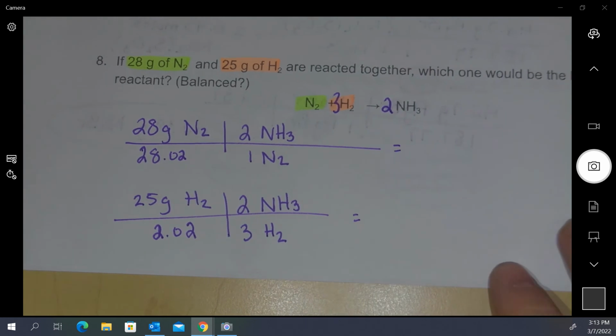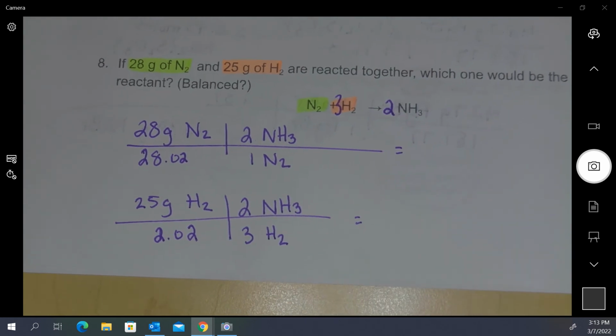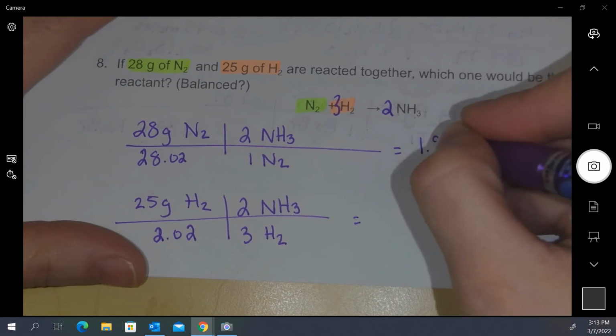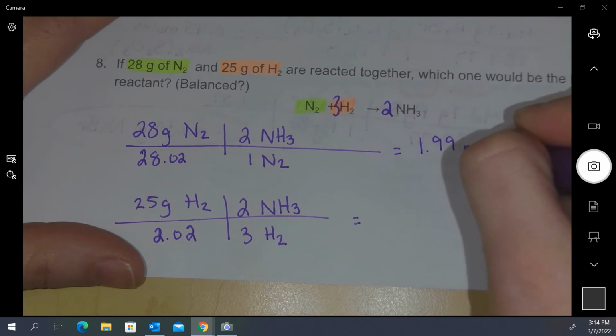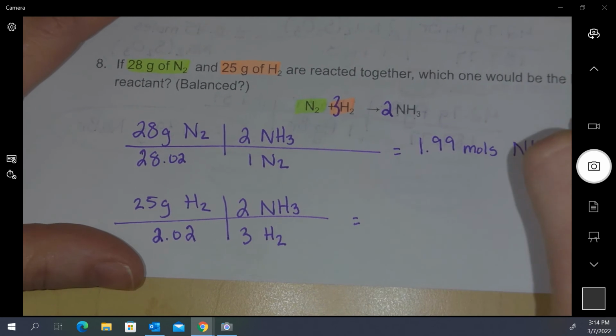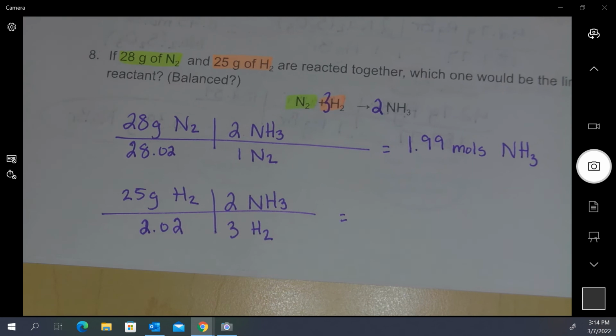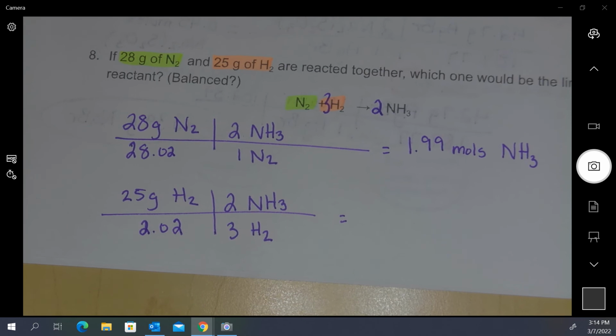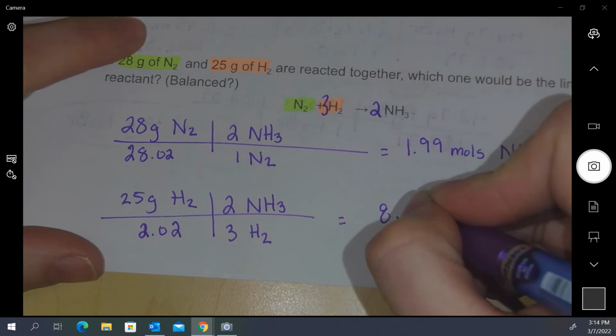All right, so 28 times 2 divided by 28 gives us 1.99 moles of NH3. 50 divided by 6.06 is 8.25.